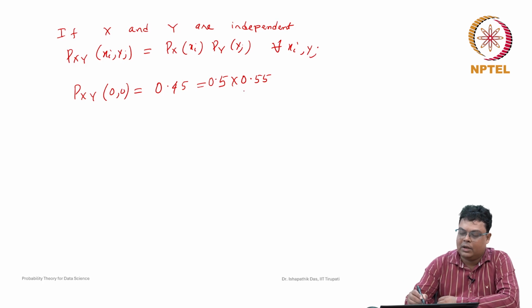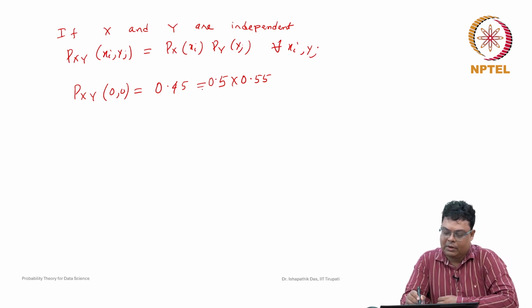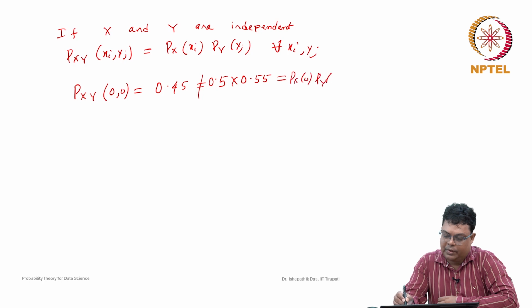It is very clear that if you multiply it, you can see that this is not equal to 0.45. So hence this is not equal to px of 0 into py of 0.